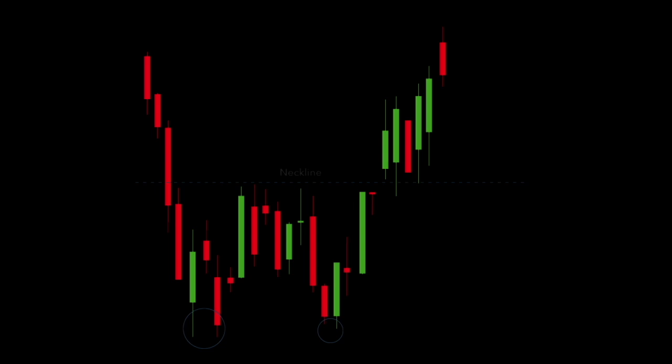Now, these can be short-lived or longer-lived. It depends on what time frame you are on. I see a lot of W patterns on the 15-minute time frame or the 5-minute time frame. Once you go farther out, you can get, I'd say, the 4-hour time frame.